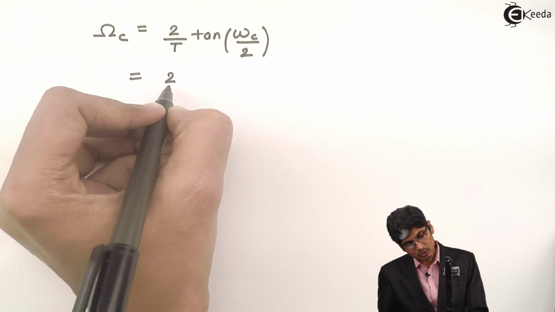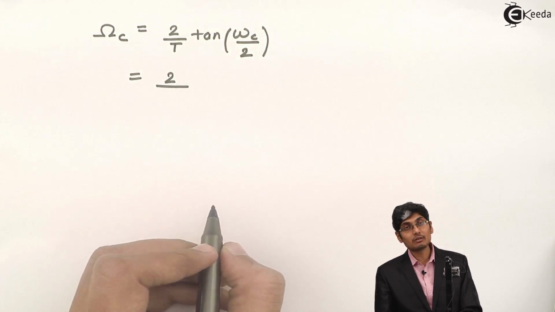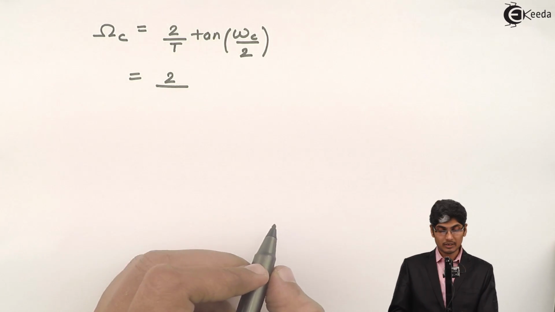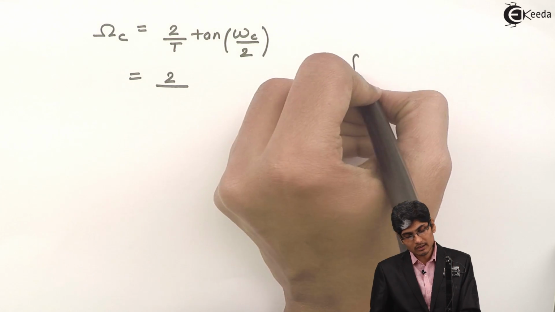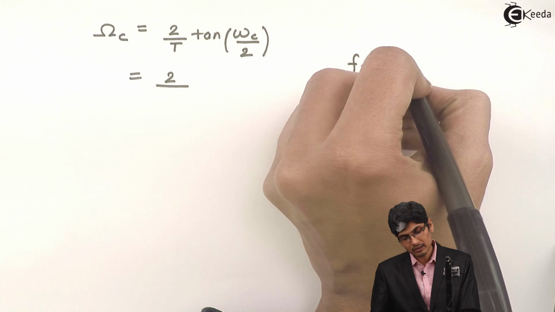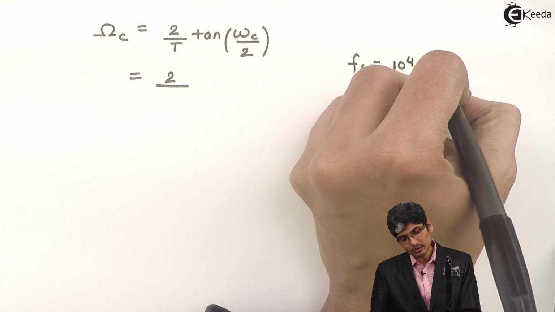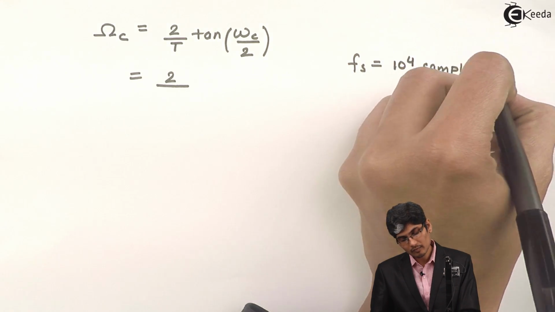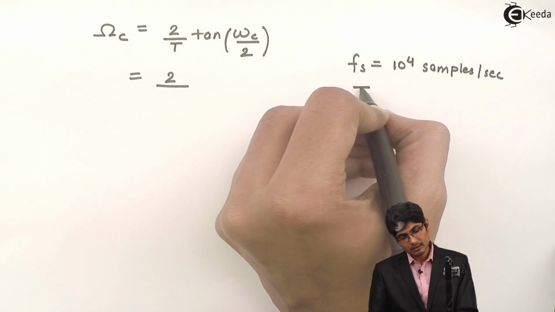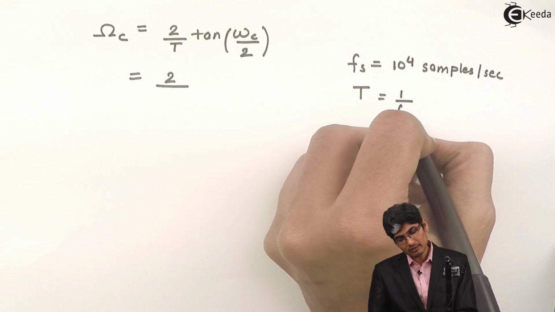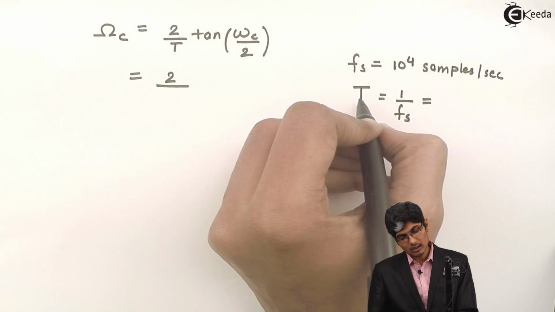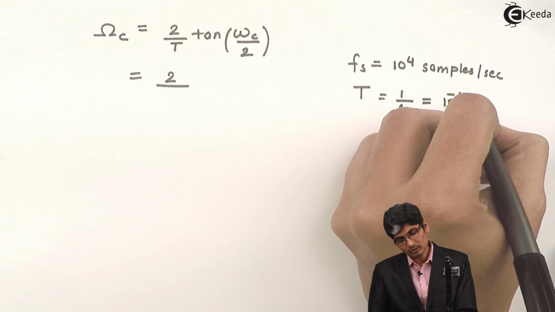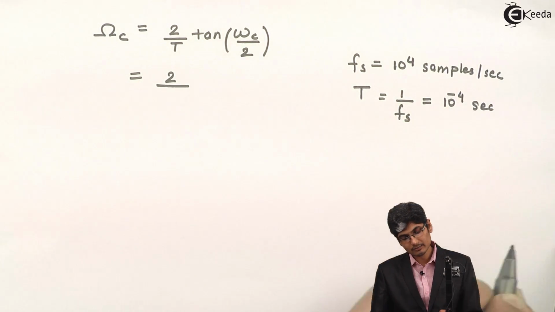Now T is the sampling period. We know that the sampling frequency is 10 raised to 4 samples per second, so T is equal to 1 upon fs, which is 10 raised to minus 4 seconds.